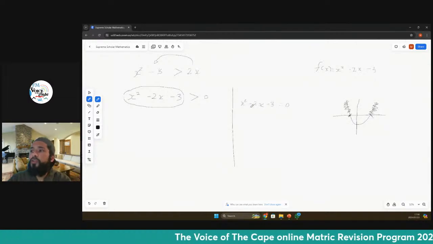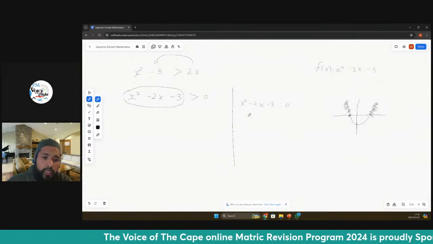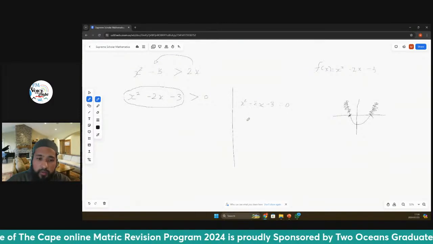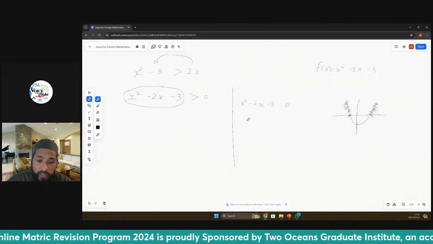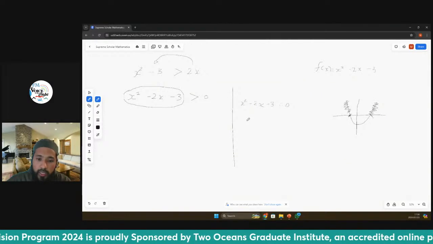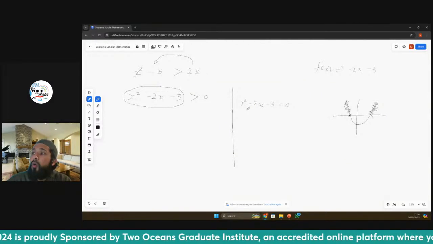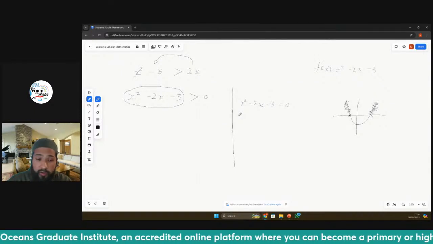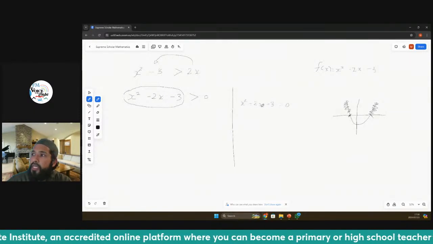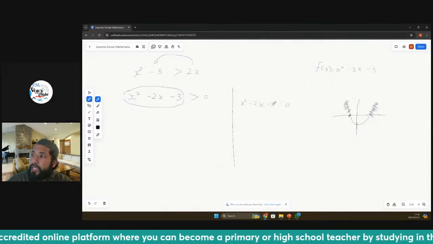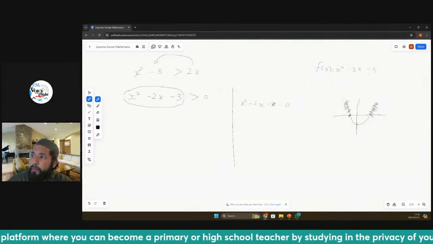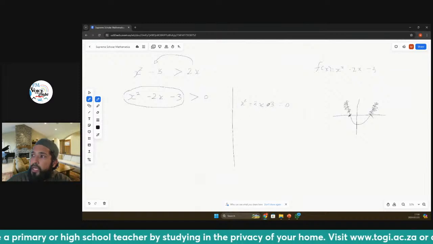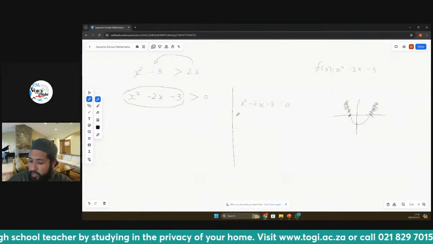And so now you can use the quadratic formula, x is equal to minus b plus or minus the square root of b squared minus 4ac, over 2a. Or you could use factorization. I'm not going to go through this again because we have done this. If you do your factorization, you need two numbers that multiply to get -3, and if you add them, you get -2.